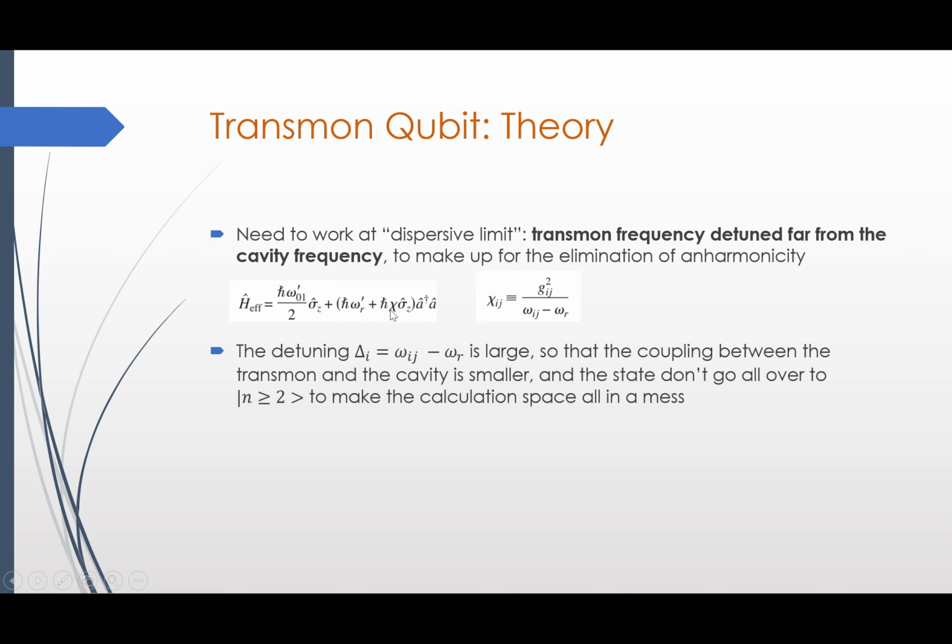If it's large, the qubit can go to larger number states, like n equals 2, 3, 4 states, and that is not good. So we make the detuning, represented by the delta here, large. So chi becomes small, and the state is mainly in the 0 and 1 states.